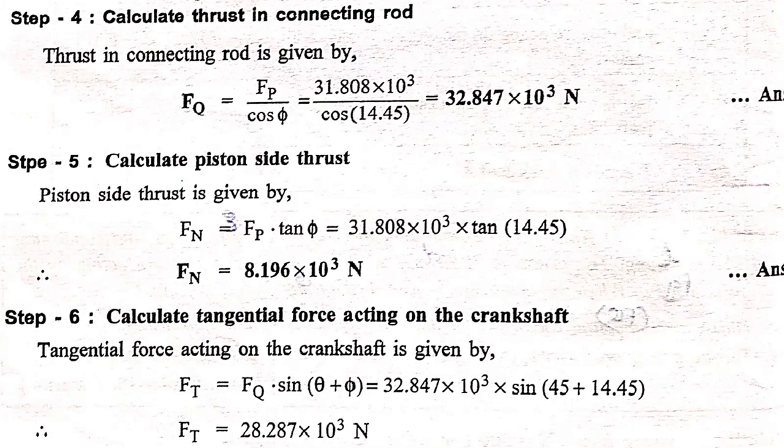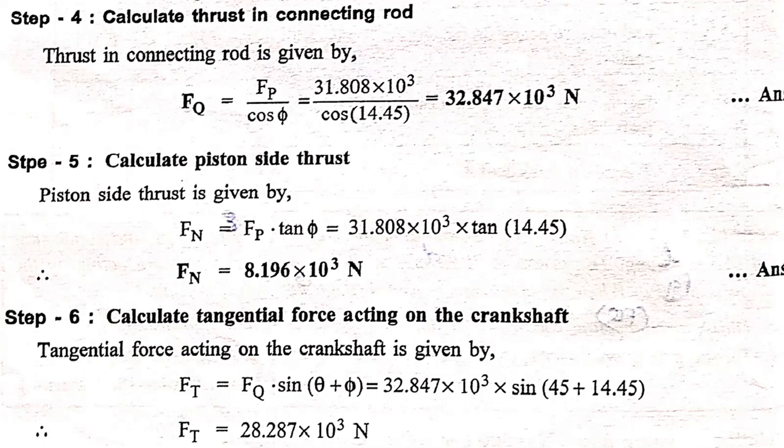Then the piston side thrust, Fn is equal to Fp tan phi. So 31.808 into 10 raised to the power 3 into tan 14.45 degrees. We are getting 8.196 into 10 raised to the power 3 Newton. Ultimately we calculate the tangential force acting on the crankshaft.